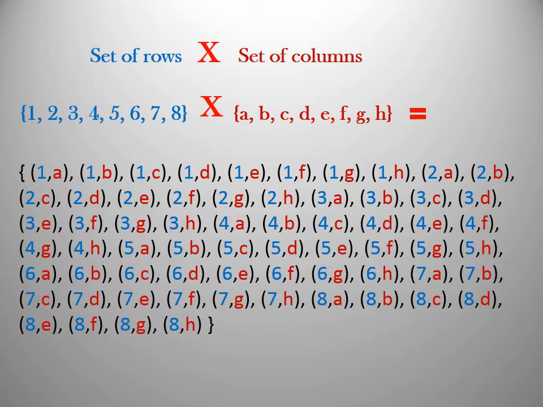So I distribute 1 on every item in the second set. When I finish with 1, I will have 2 and will distribute it on every item in the second set. And I will do that till I finish every item in the first set.